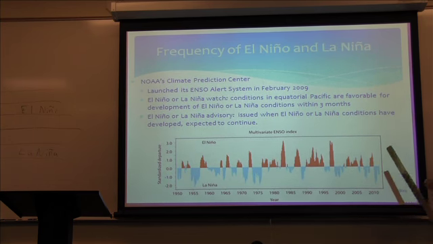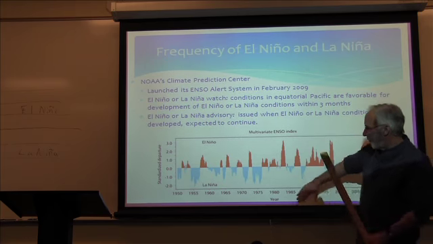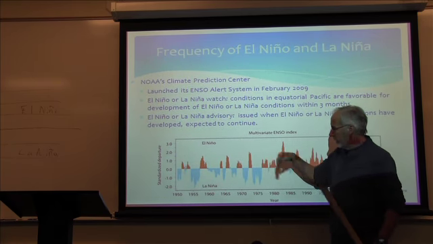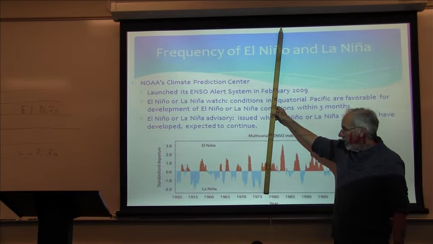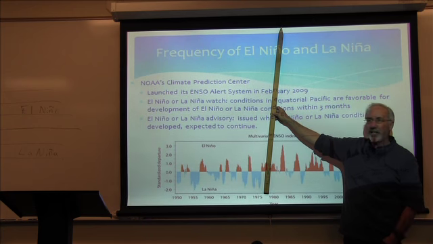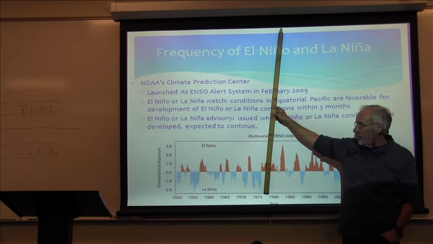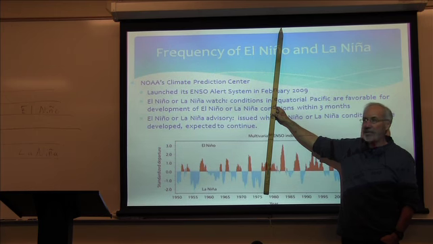So I want you to first look at from 1950 up into the mid or late 1970s, where my stick ends, okay? Can you make any statement about the occurrences of both? La Nina are more frequent. Yeah. We had many, many more cold water events from 1950 to 1975, right?